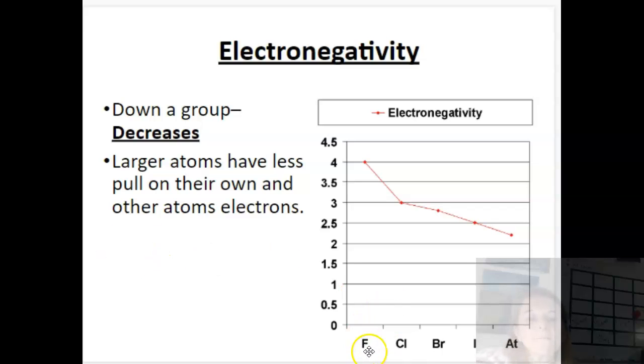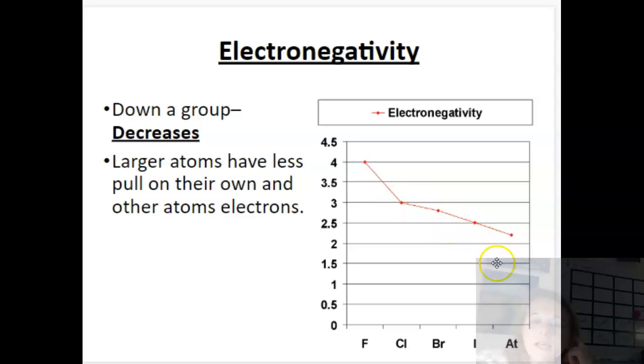So fluorine, looking at the 7th column here, the halogens, fluorine only has 2 energy levels, not a lot of shielding, so that nucleus is pretty exposed. And so fluorine's nucleus can attract other electrons from other atoms.